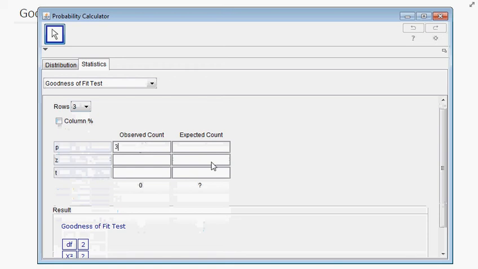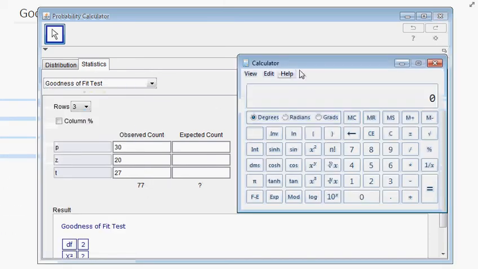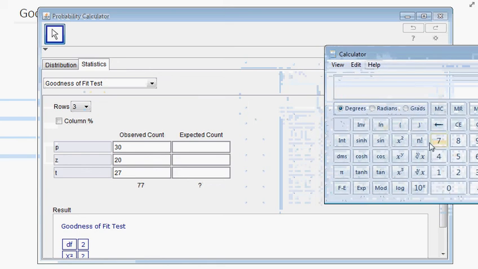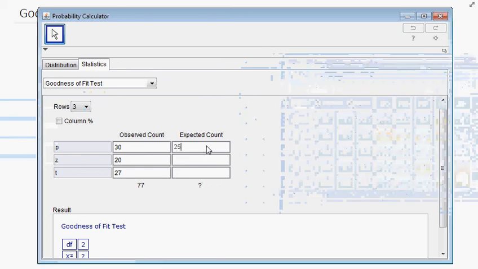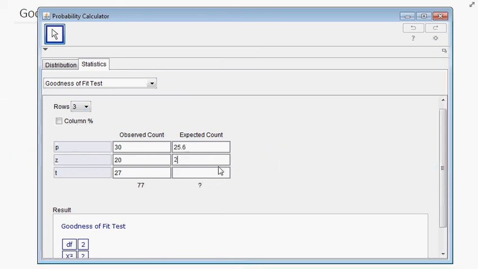If you observe Protoss in a tournament winning that much, and Zerg winning that much, and Terran winning that much, now for the expected count, we would take the total and divide by 3. Because in a game that's balanced, we should be expecting about the same amount for every race. So it would be about 25.6 for each of these. I'm just making this up.